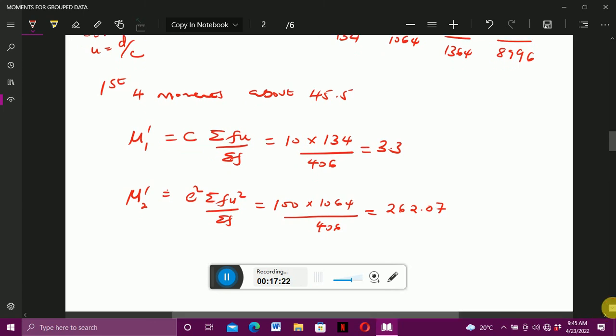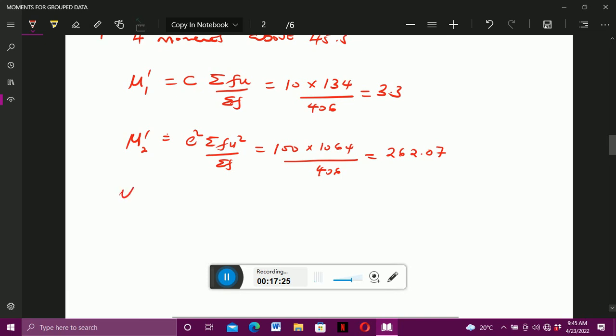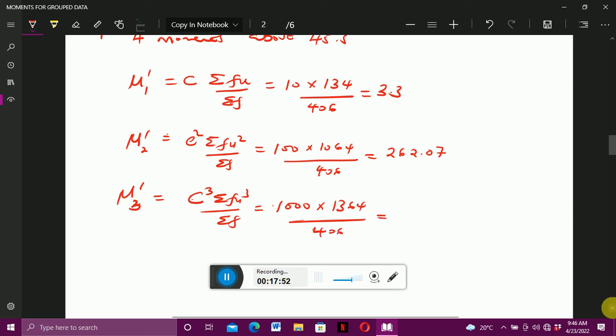Then we get mu3 prime, the third moment about the point 45.5. C raised to power 3, sum of fu cubed over sum of frequencies. So this is 1,000 times 1364, all divided by 406. When you work that out, we get 3359.61 as the third moment.